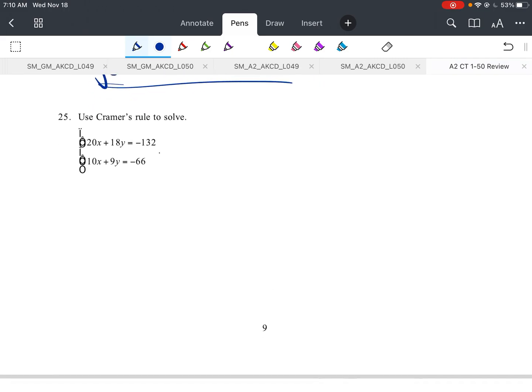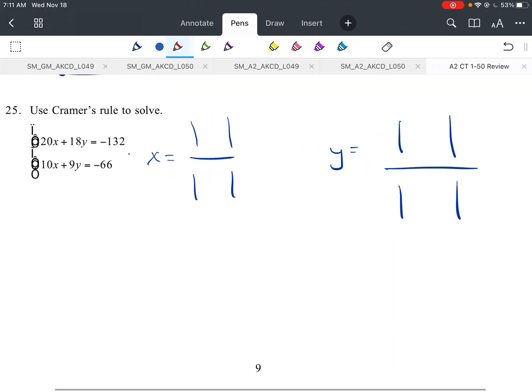All right, let's do a quick Cramer's rule. Ooh, Cramer's rule. Who likes that? All right, here we go. So just set up some determinant things. So the x value and the y value. Oops, let's make a little more space. Just remember to set these up like this, and then put all your numbers in.